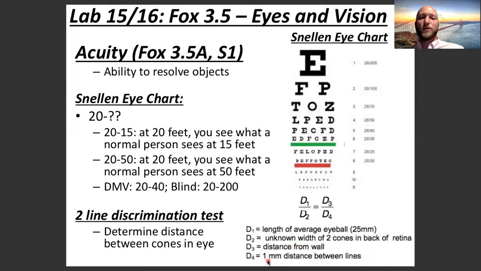D4, distance 4, is the 1 millimeter distance between the lines. If you punch in these numbers, and we do in lab, in class, we come up with our own numbers, this unknown distance with the two cones, we actually calculate pretty close to the real value for most students in class. It's pretty fascinating.